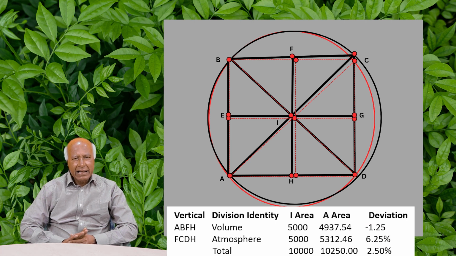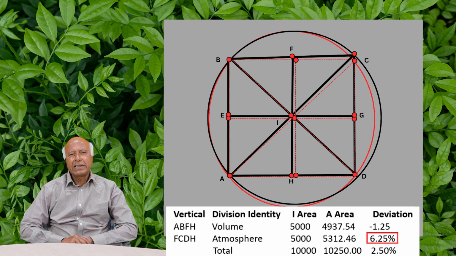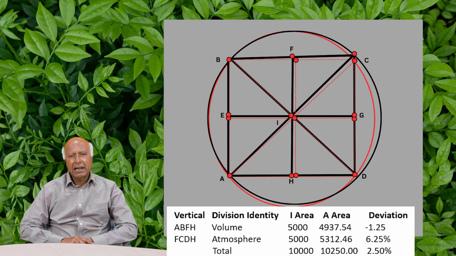and by increasing the expenditure, the supply atmosphere is giving the increased value of 6.25%. If we deduct 1.25 from 6.25, we get the value of 5%.